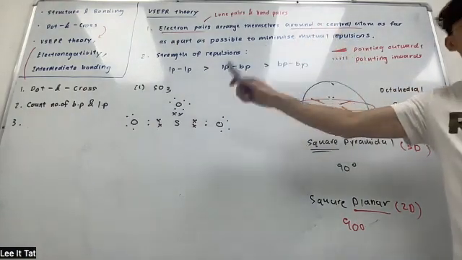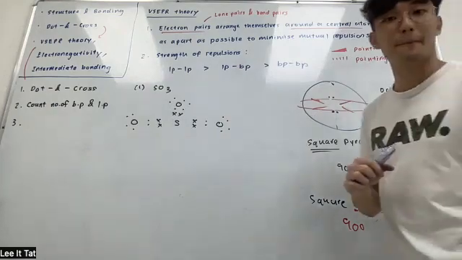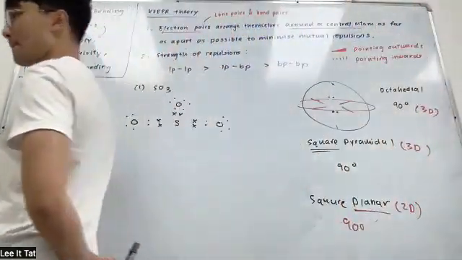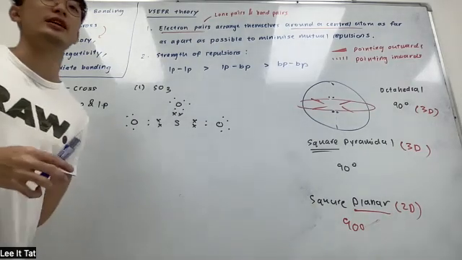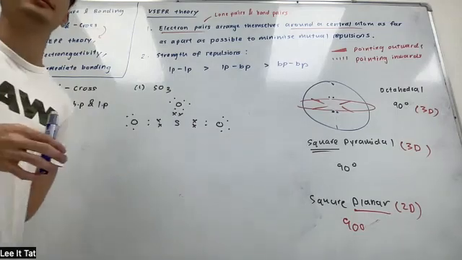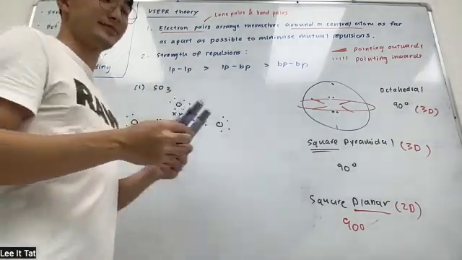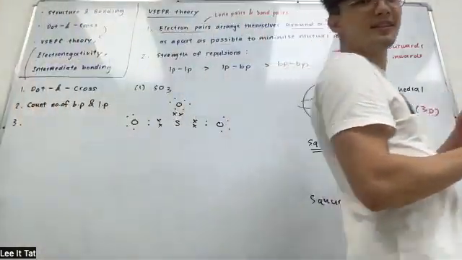Only look at your sulfur, don't look at anything else. Okay, so how many bond pairs and lone pairs are there on sulfur, the center atom? Any clues?